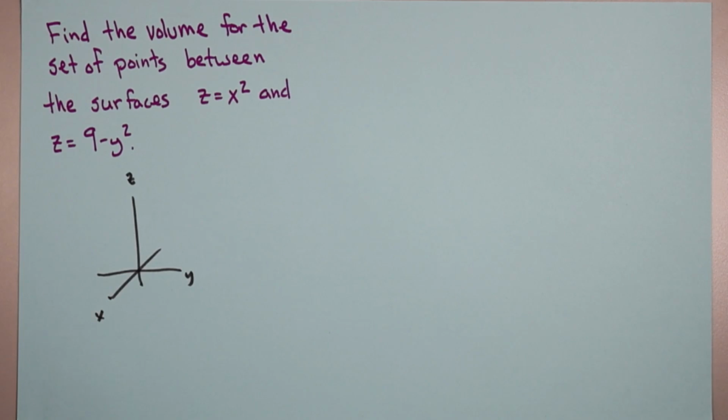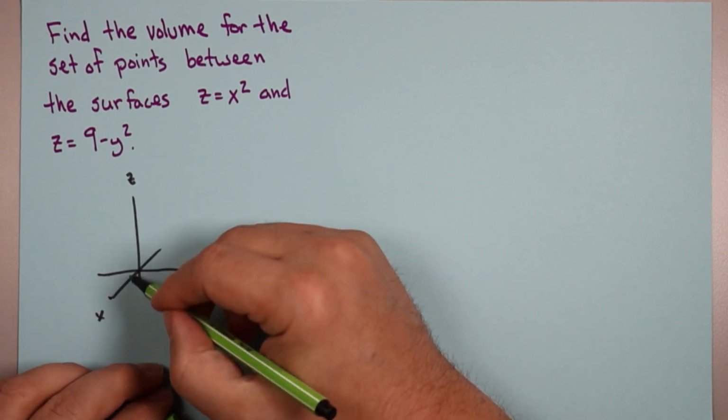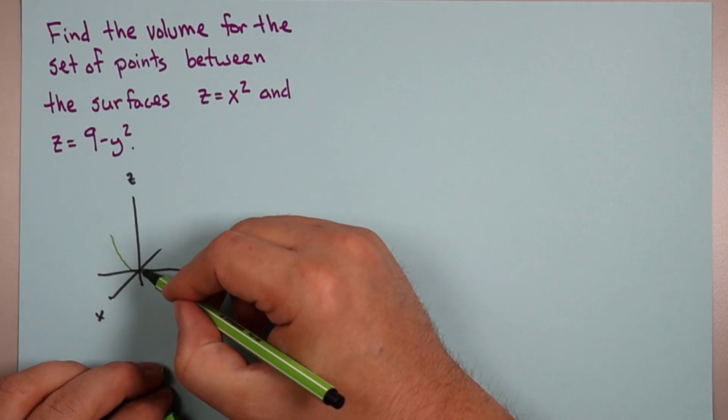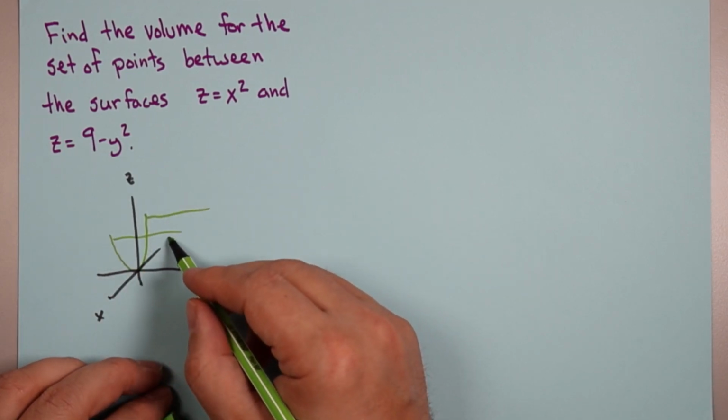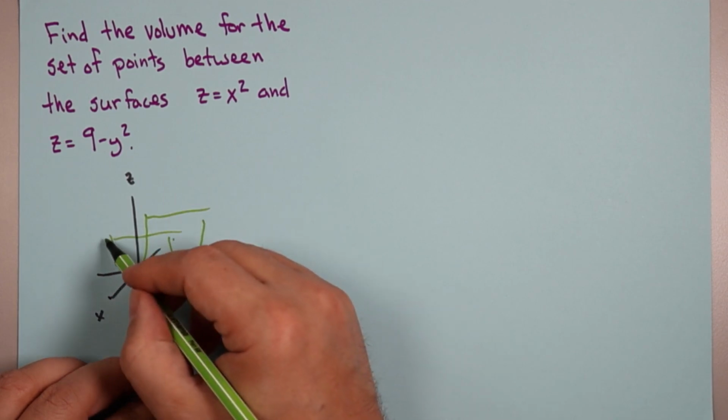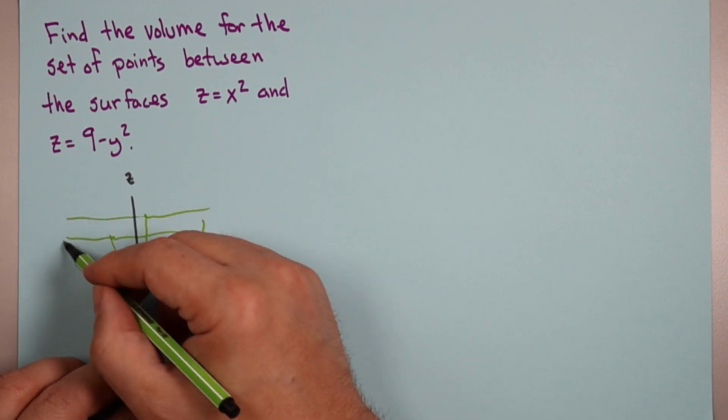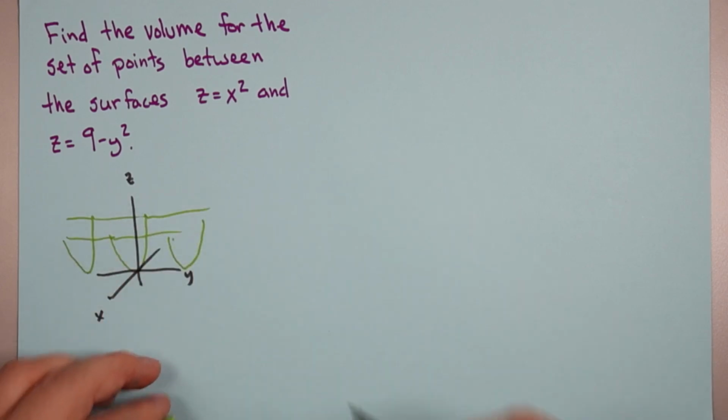Now, z equals x squared is what? Well, if we think about what that looks like, z equals x squared, that would say we're in the xz plane, and there's just copying it left and right. So it's sort of this trough going along the y-axis. All right, so there's that shape.